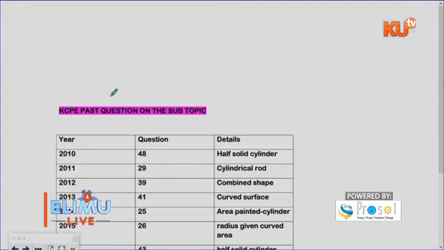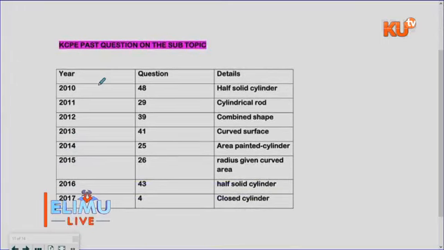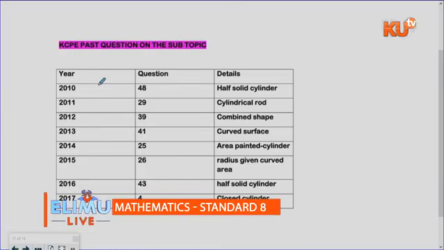So we can move to the next page. All right, so we have KCPE questions on the subtopic, and we have different years. If you see there, we have 2010. There was a question on number 48, and this one was asking about half a solid cylinder.